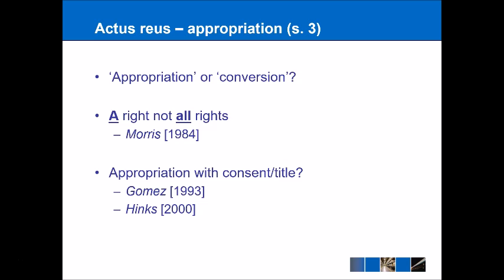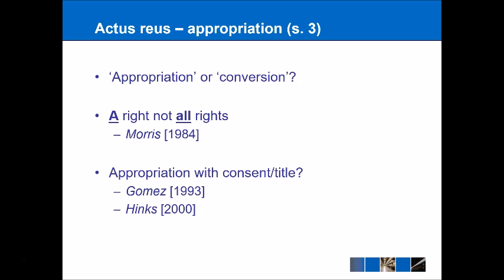So he didn't appropriate all of the supermarket's rights in the product, but because he did appropriate at least a right, even if that was only 1 penny, for example, that's still enough to constitute appropriation for the purposes of theft.